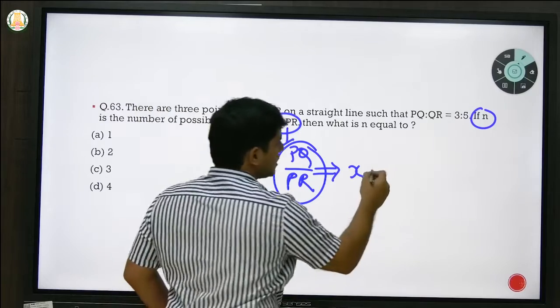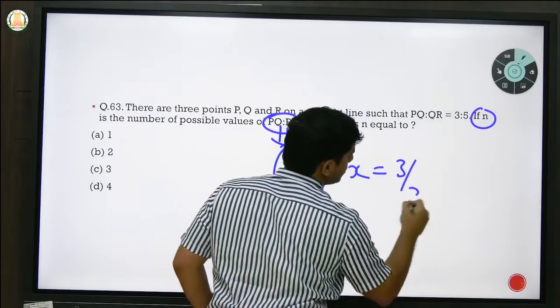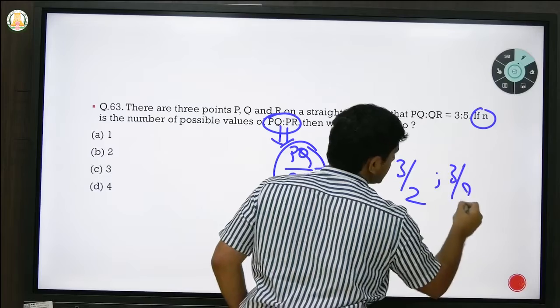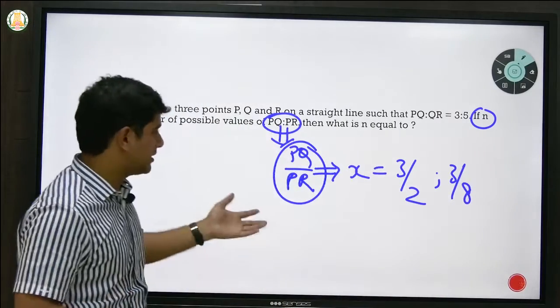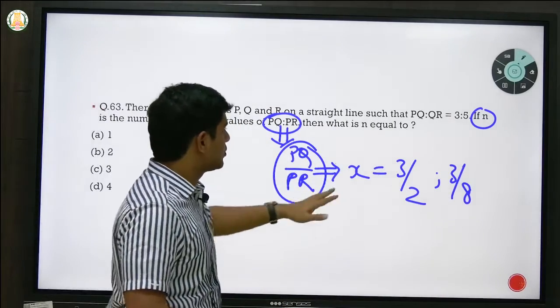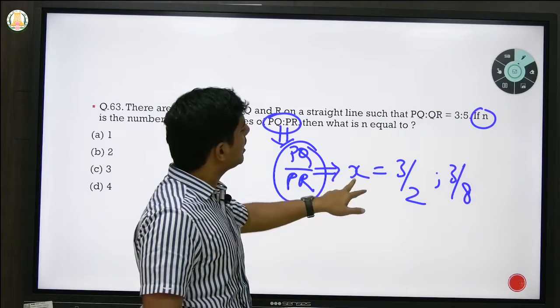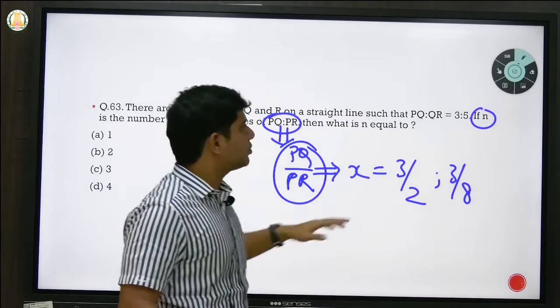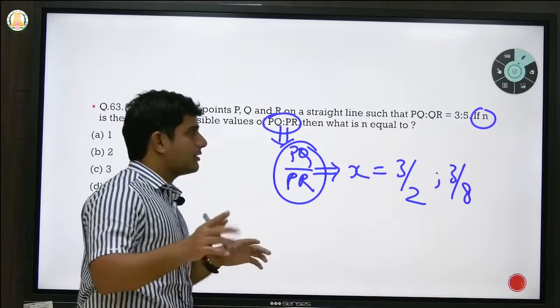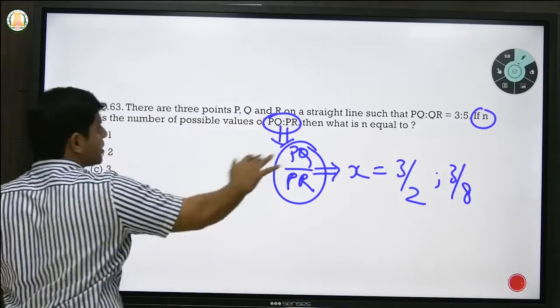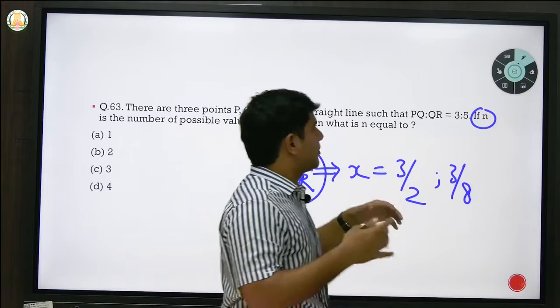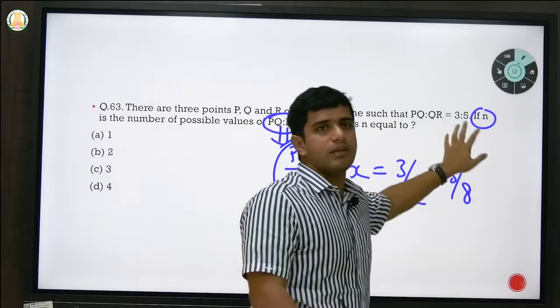Okay, so in the answer, if you have seen, we can write x as 3/2 or x as 3/8. It's the same thing. Ratio and fraction are the same thing, just a representation. So what is being asked is, how many possible values can x take? That is 2. So, again, this is a good point that you have asked. When you read the question, there will be confusion because of some mathematical jargon you might not understand.